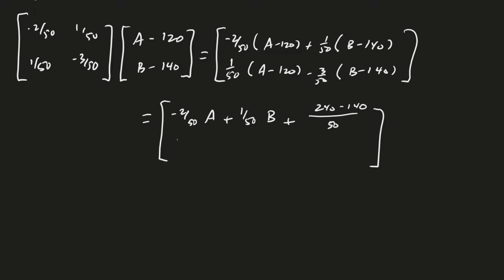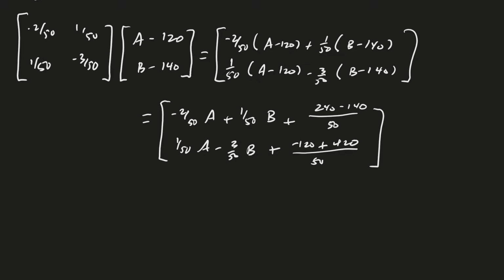And then in the bottom I'm going to have 1 over 50 times A minus 3 over 50 times B plus, and then what am I going to have over 50? It looks like minus 120 from there plus 3 times 140 from that side, which is 420.